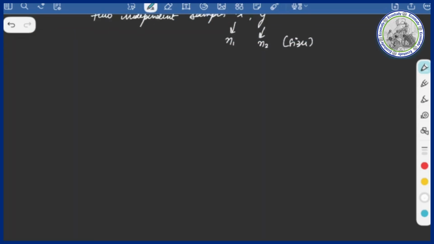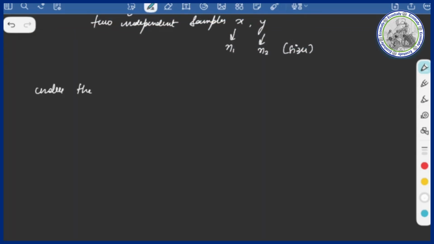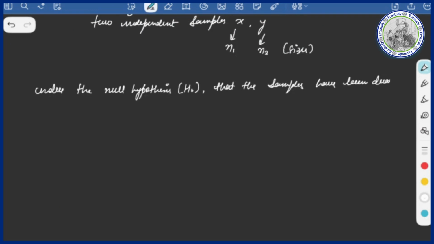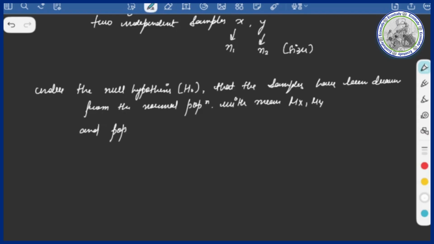Let me write one formula. Under the null hypothesis H naught, the samples have been drawn from normal populations with means mu x and mu y, and the population variances are equal.